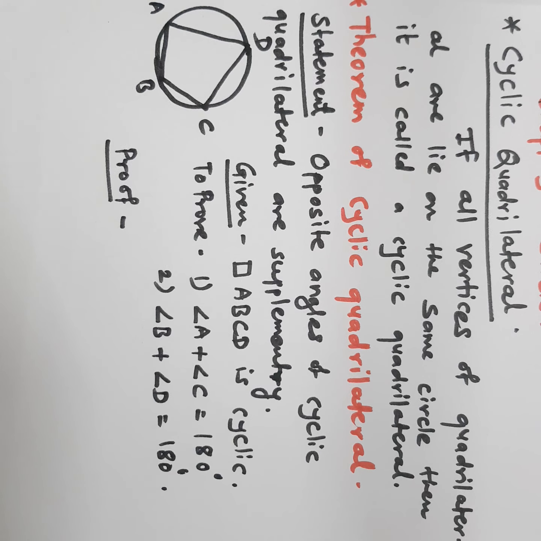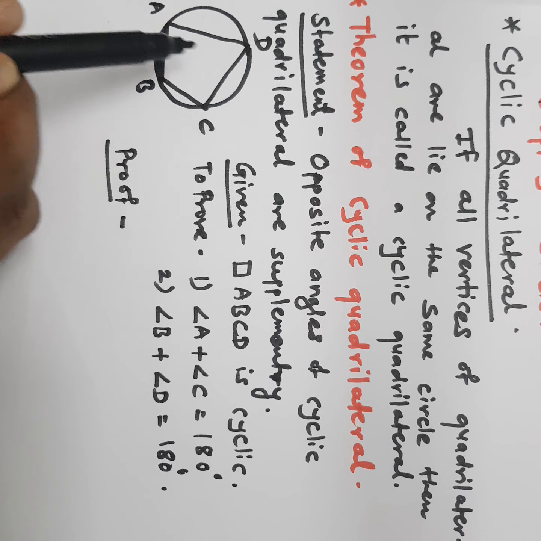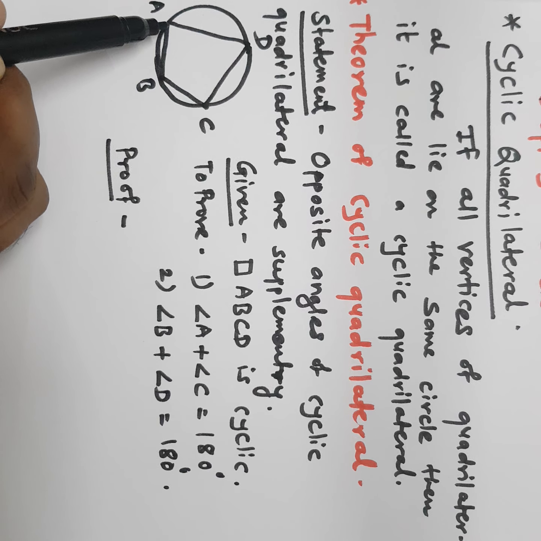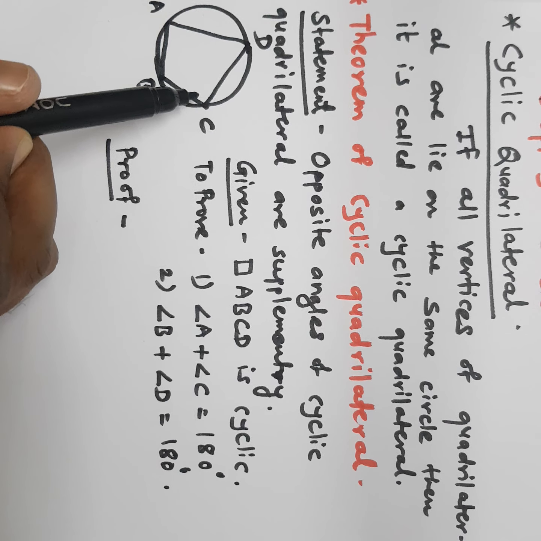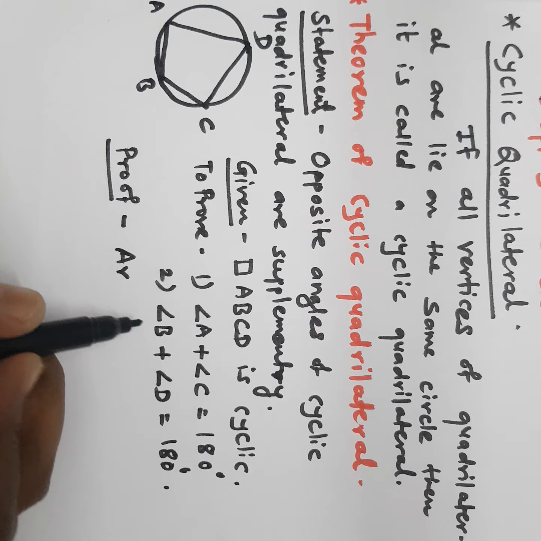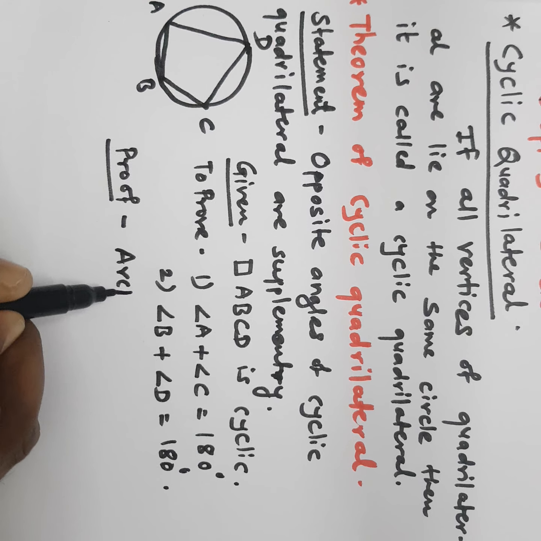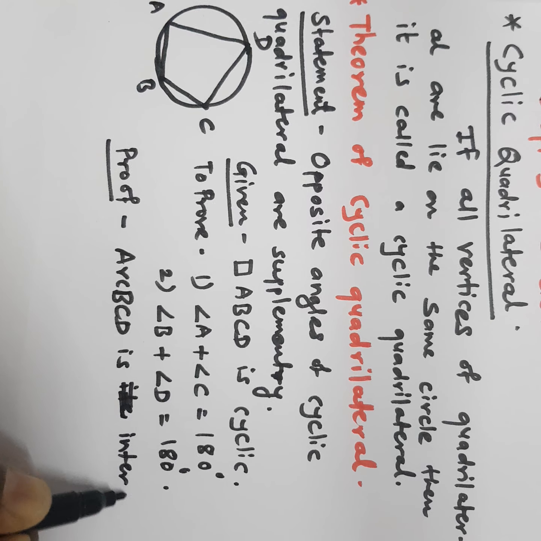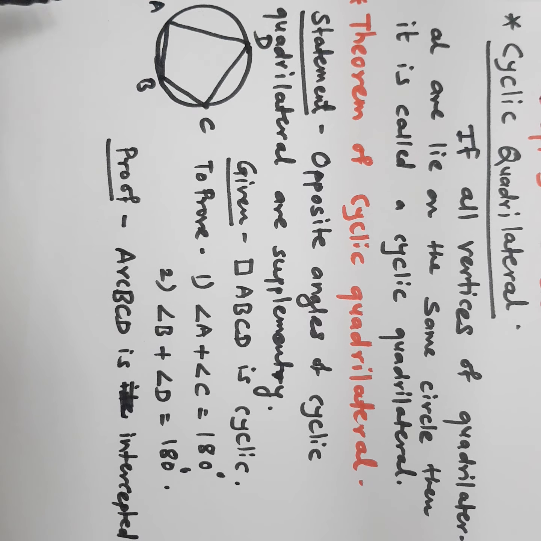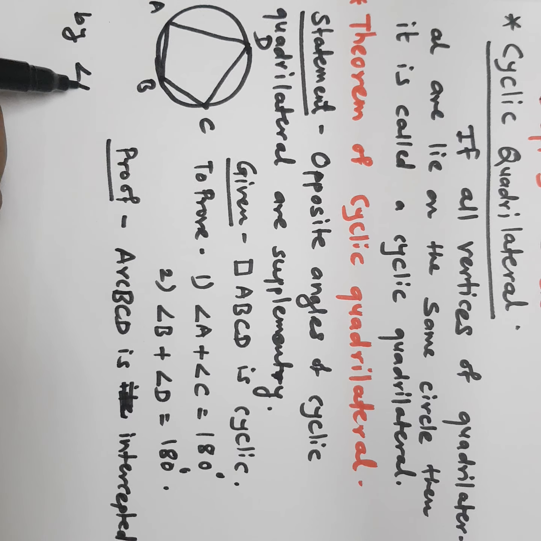See here, in the figure, arc BCD is intercepted by angle A, and arc BAD is intercepted by angle C. Arc BCD is intercepted by angle A, or angle BAD.